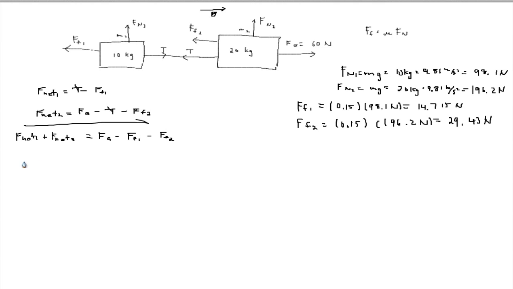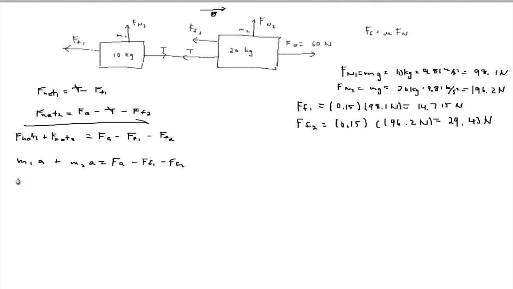So now, going back to this equation, we're going to expand that F net. F net is going to be equal to our mass 1 multiplied by the acceleration plus mass 2 multiplied by the acceleration, equal to applied force minus force due to friction on mass 1 minus force due to friction on mass 2.